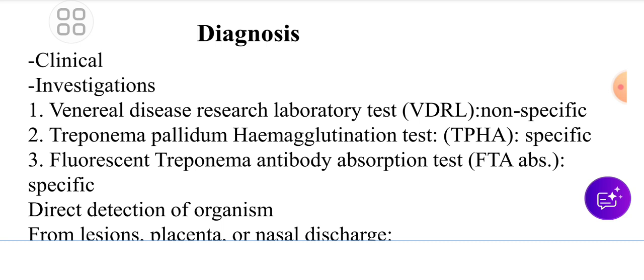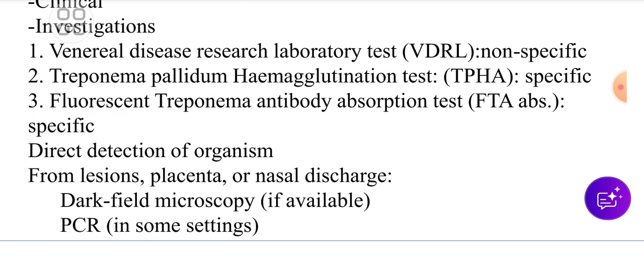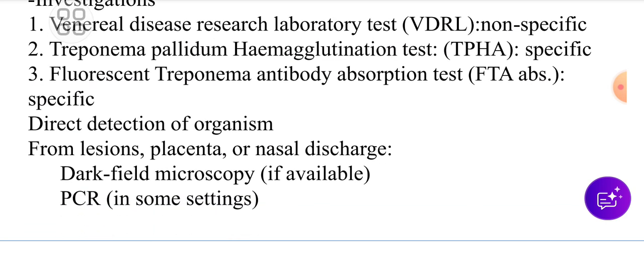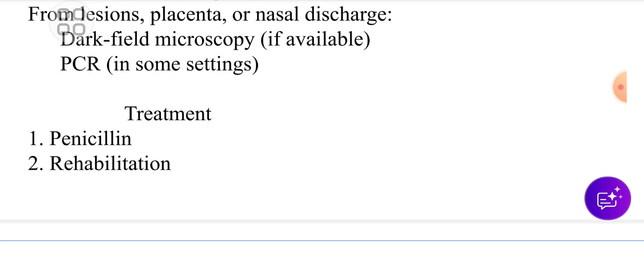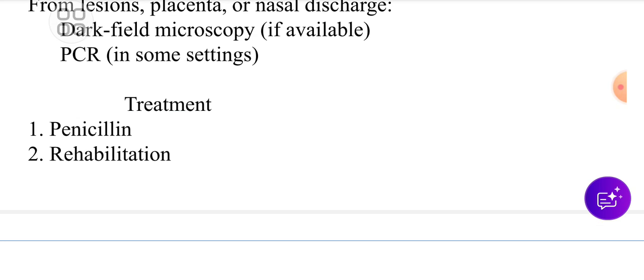Then detection of the organism itself, the bacterium, from lesions, placenta, or nasal discharge, by dark field microscopy if available. PCR sometimes is needed, that is by gene amplification of the bacteria. The treatment is penicillin, and if there is any defect, they need corrective treatment or rehabilitation.